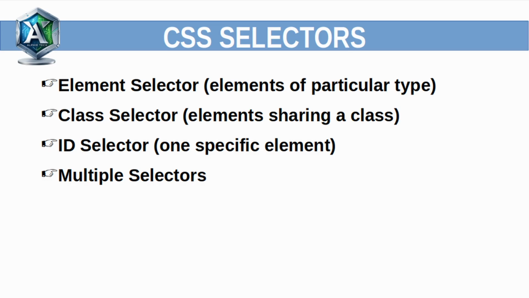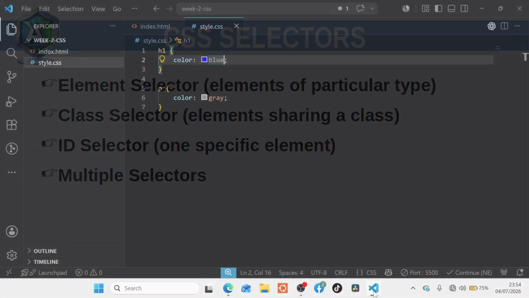CSS selectors. Selectors tell CSS which elements should receive these styles. We have different types of selectors. We have the element selectors, we have the class selector, we have the ID selector, and so many other selectors which you're going to come across as you move on.